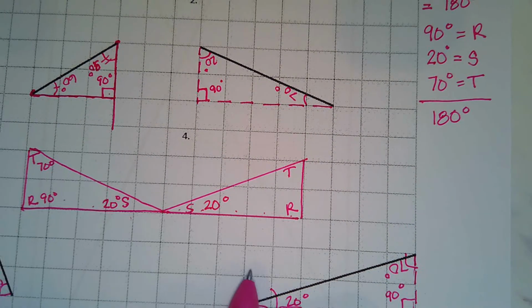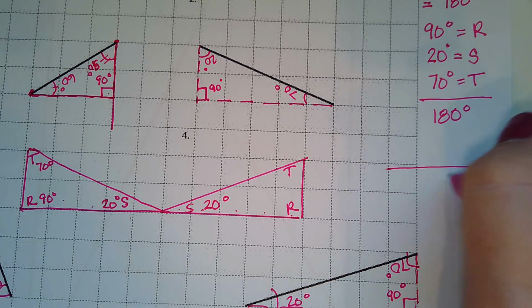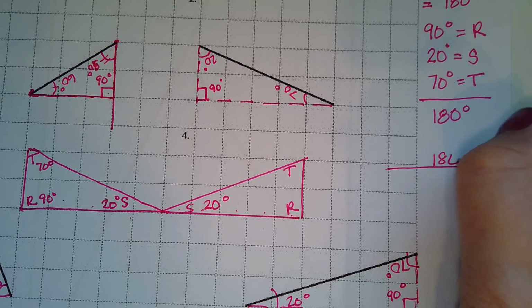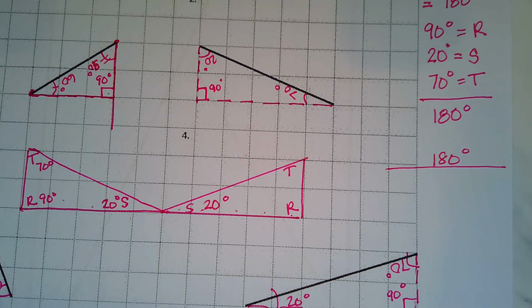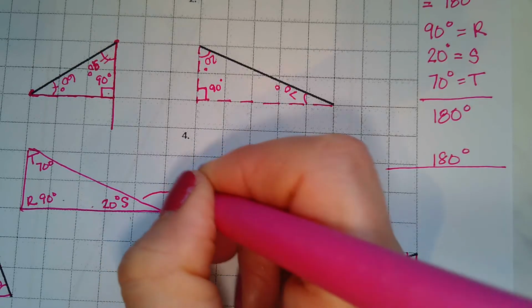Now, what did we say about a straight line? How many degrees is a straight line? A straight line is 180 degrees, right? So if I have 20 here and 20 here, what would this angle equal?